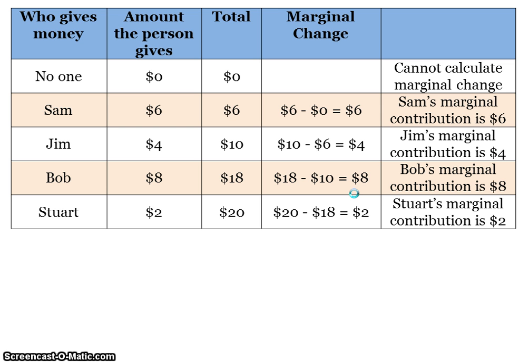Last, Stuart brings his $2 to give, moves the total up to $20, and Stuart's marginal contribution is $2. So the idea of marginal change is very straightforward. It's just the change in total that results from adding a new number to the set.